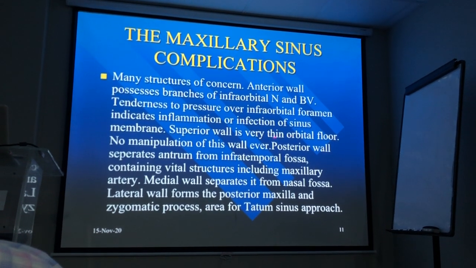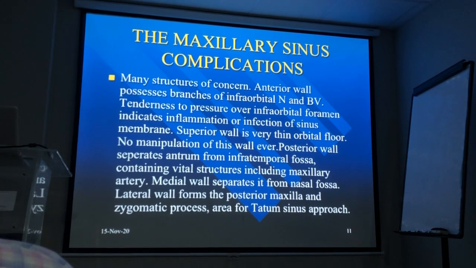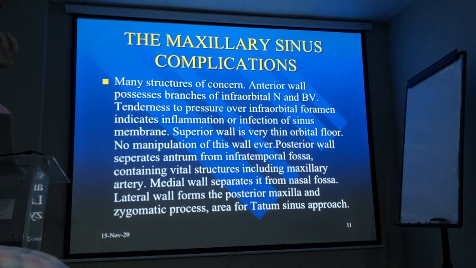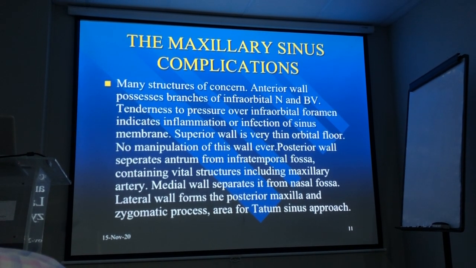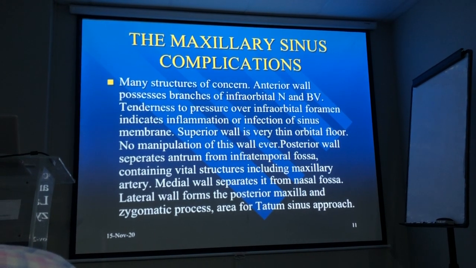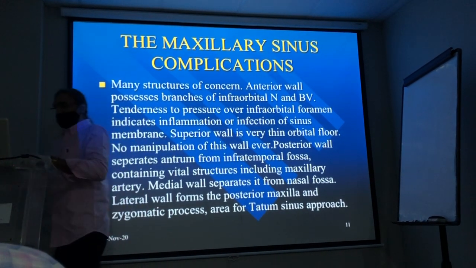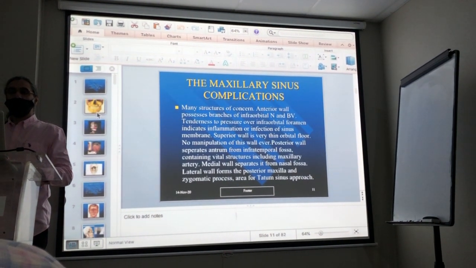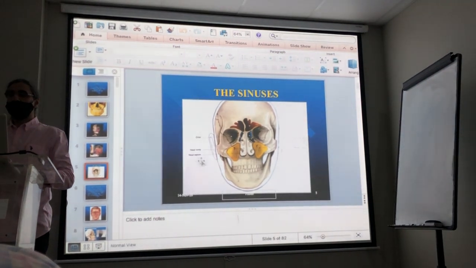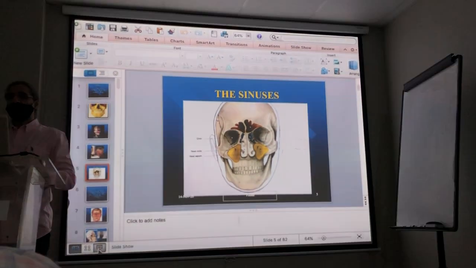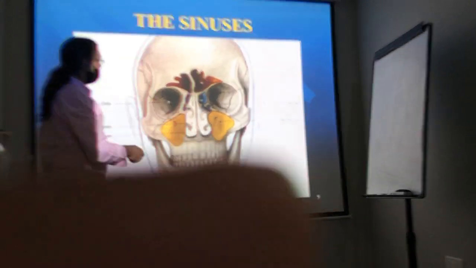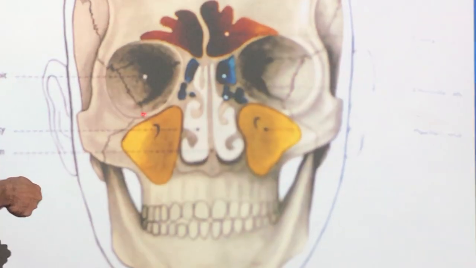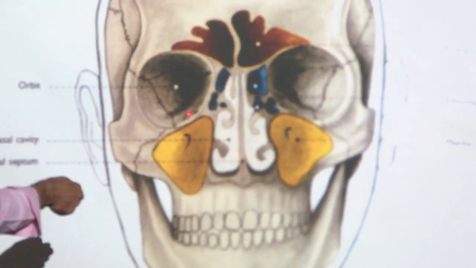The superior wall is very thin. Now if we imagine the sinuses, its upper superior wall makes the base of the orbital socket. So the superior portion of the sinus, which is the uppermost portion, is the floor of the orbital socket.